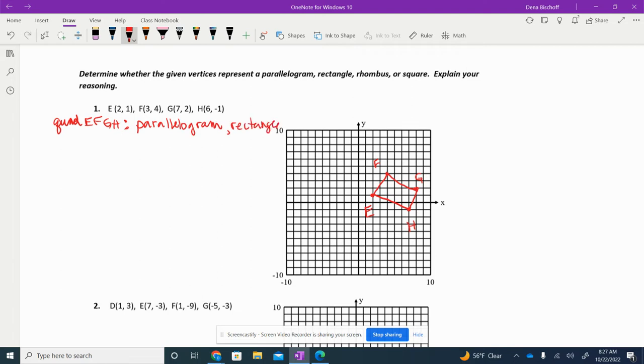Kind of looks like it could be a rectangle. So first I'm going to show that it's a parallelogram. You have to write that out. First, show that it's a parallelogram and state the method that you're going to use, by showing that the diagonals bisect each other with the midpoint.